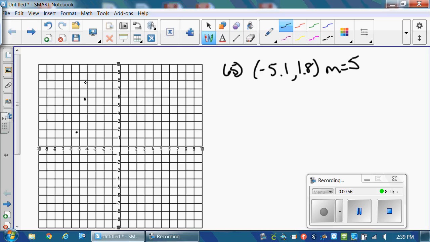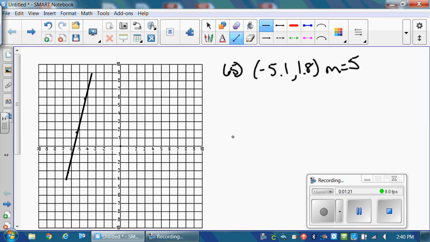And up 5, 1, 2, 3, 4 is off the graph. So I could also go down 5 and backwards 1. So something like that for a line. And if I use this feature, my line should turn out pretty straight. So that's the sketch of the line.